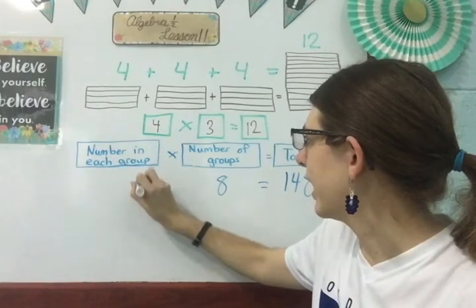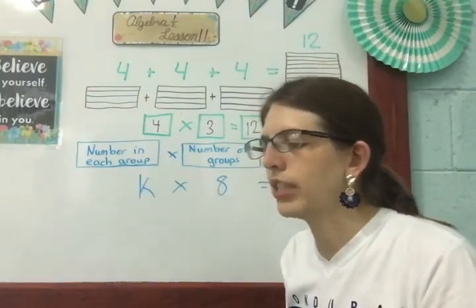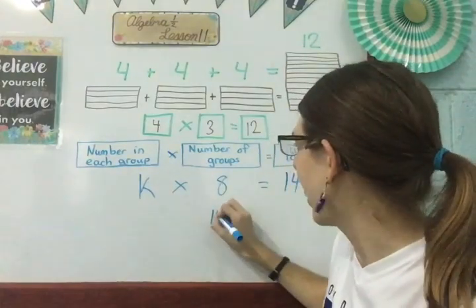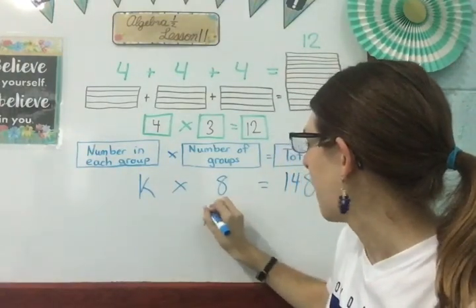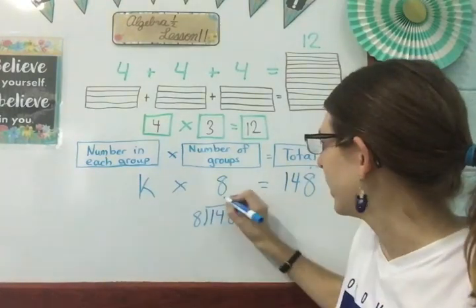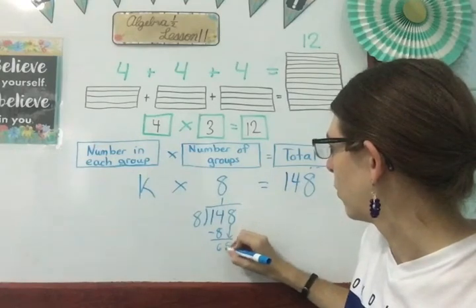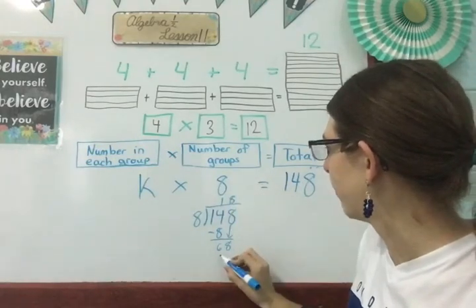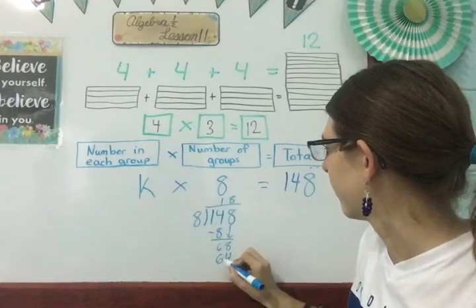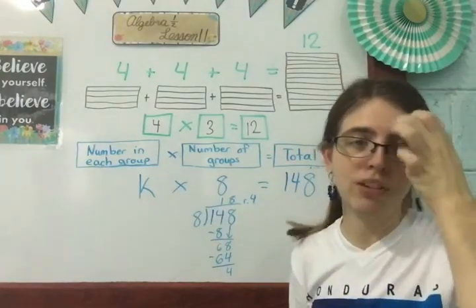How many kids could be crowded into each space? So that means I'm going to divide 148 by 8 to try to figure out how many kids. When I divide, I get 18 with a remainder of 4.